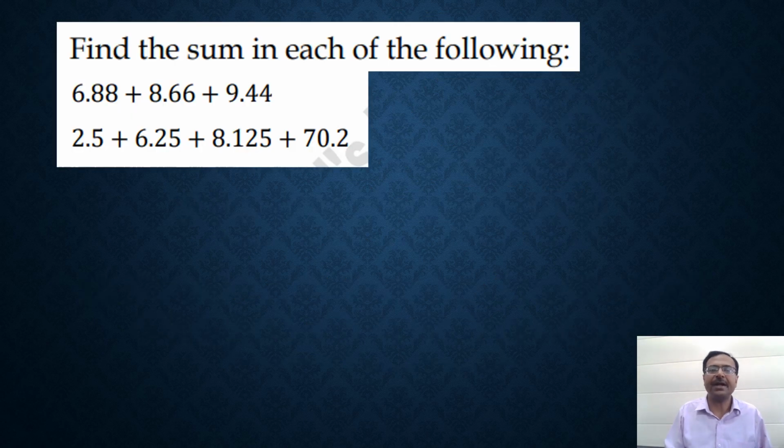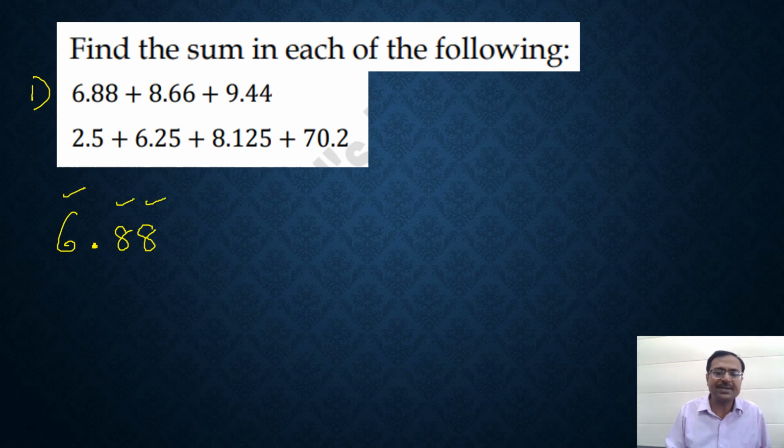Let's see the concepts in hand. Find the sum in each of the following questions. Now see, there are three numbers here. There is a reason why I have taken this as the first question. 6.88 has one digit before the decimal and two digits after the decimal, and likewise 8.66 also has the same number of digits before and after the decimal.